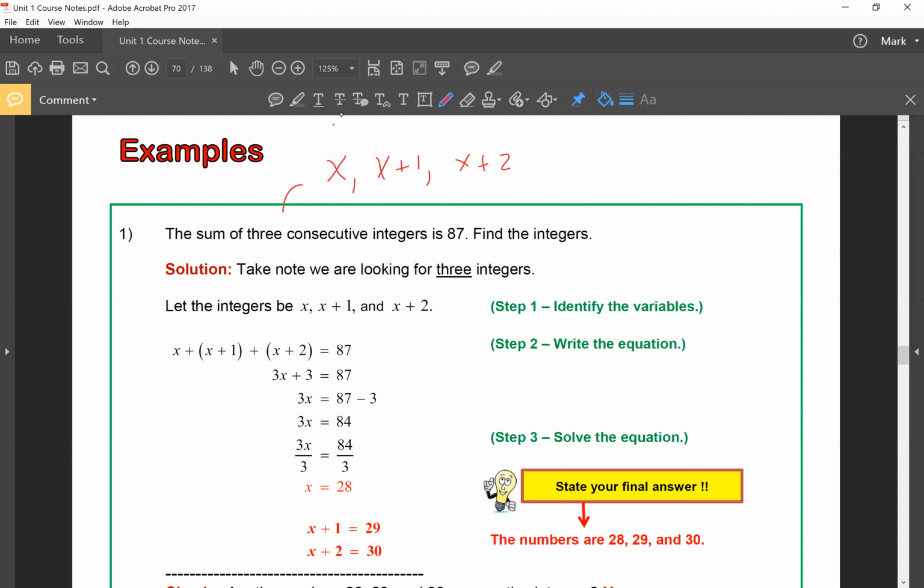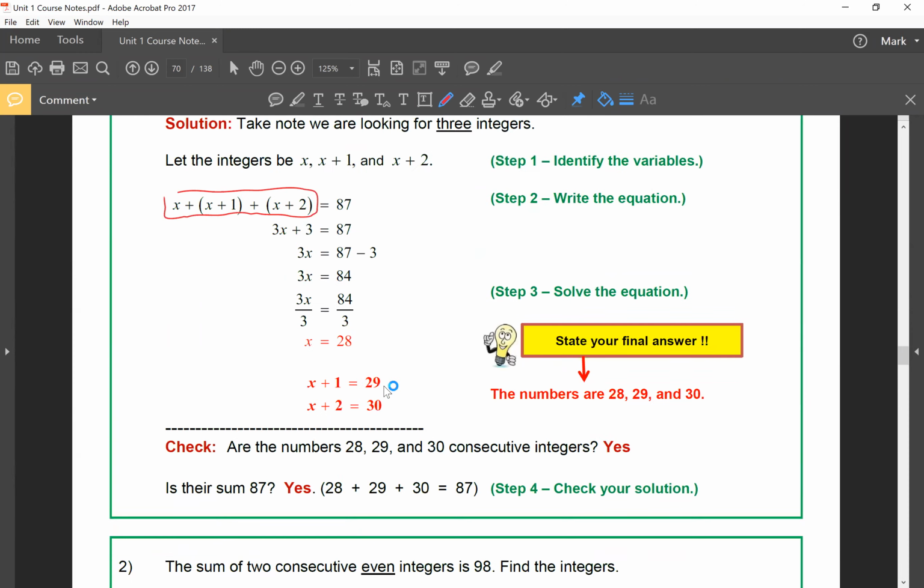So we have our 1, 2, and 3 integers: x, x plus 1, and x plus 2. And I'm going to add all of these numbers together and solve for x. And really, that's it. I shouldn't say that's it like it's something that's really easy, but we're going to practice this.